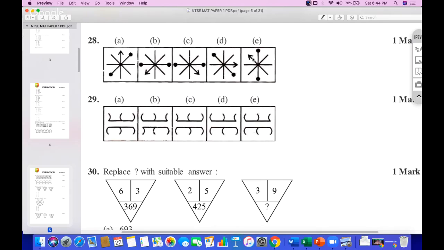Okay, the answer you have been giving me for question number 28 and 29, and you have given it for 30 also. So 28 you are saying that it's C, and 29 you are saying that it's B or D. A lot of you are saying either B or D. And question number 30 you are saying 981 and 693 or something.